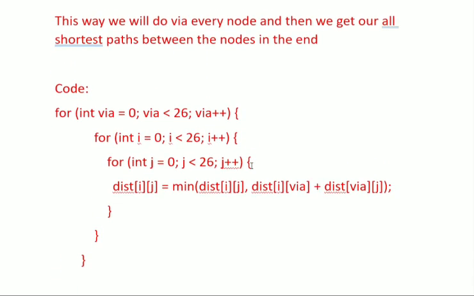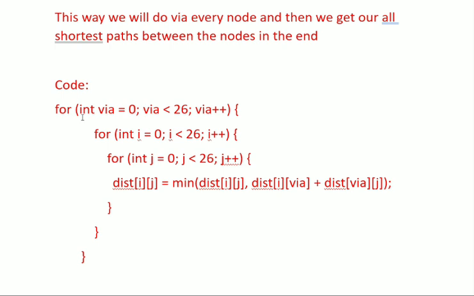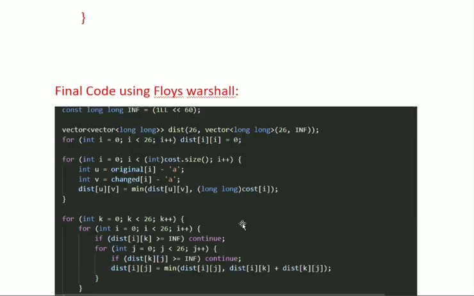So this is the code for Floyd Warshall. Here our nodes can be from A to Z, so 0 to 26, and then we will be forming every possible pair, and the distance from node I to node J is equal to the direct distance we take, or the distance via any node, and then we take the minimum of those two values.